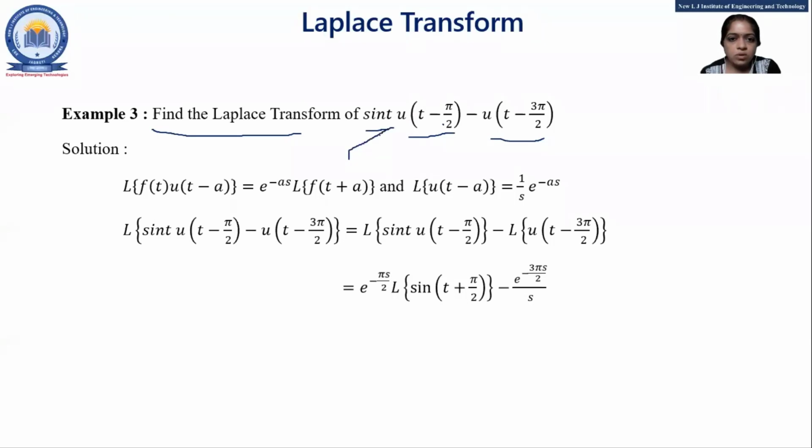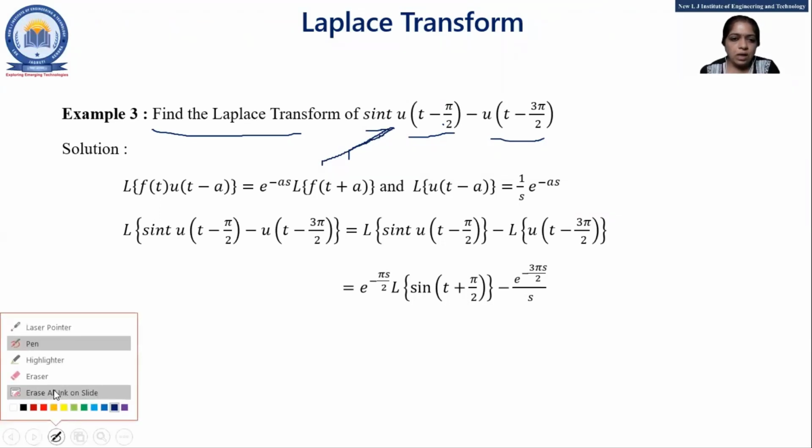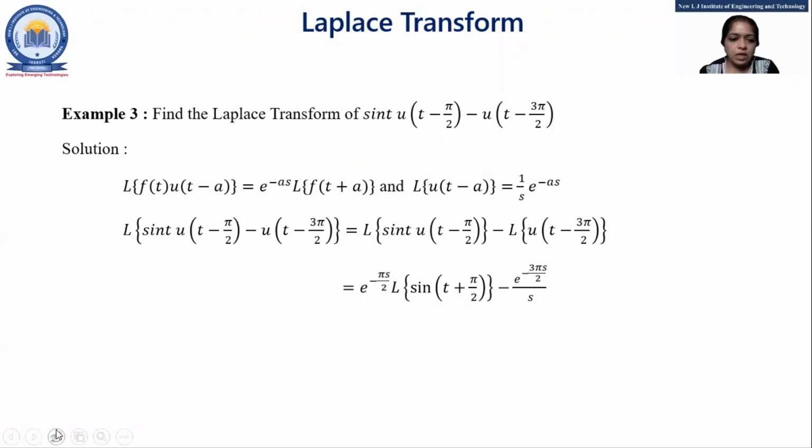We'll apply the first formula, Laplace of function of t into u of t minus a for the first term, and Laplace of u of t minus a for the second term. This formula for the first term and this one for the second term, right?